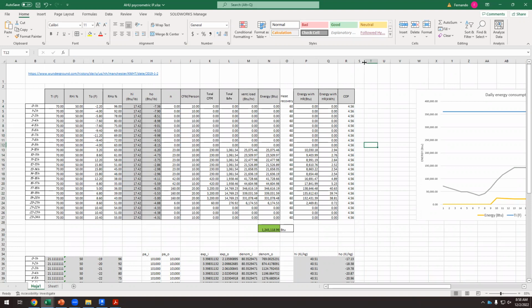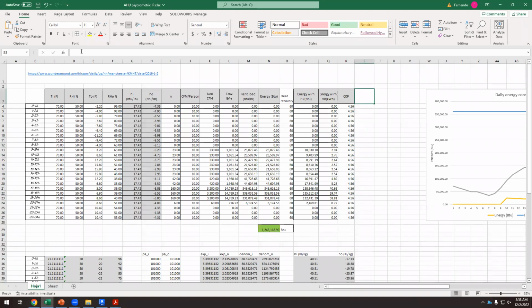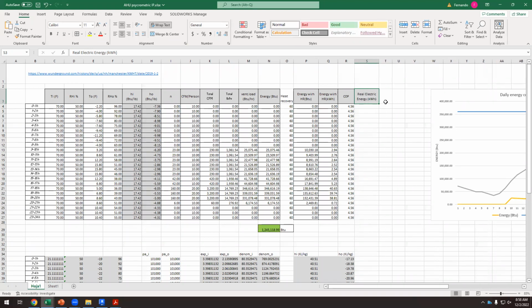What's next? We have to divide. This is the real energy consumption in kilowatt hours. Real electric energy. Okay, so this is the thermal energy in BTUs.